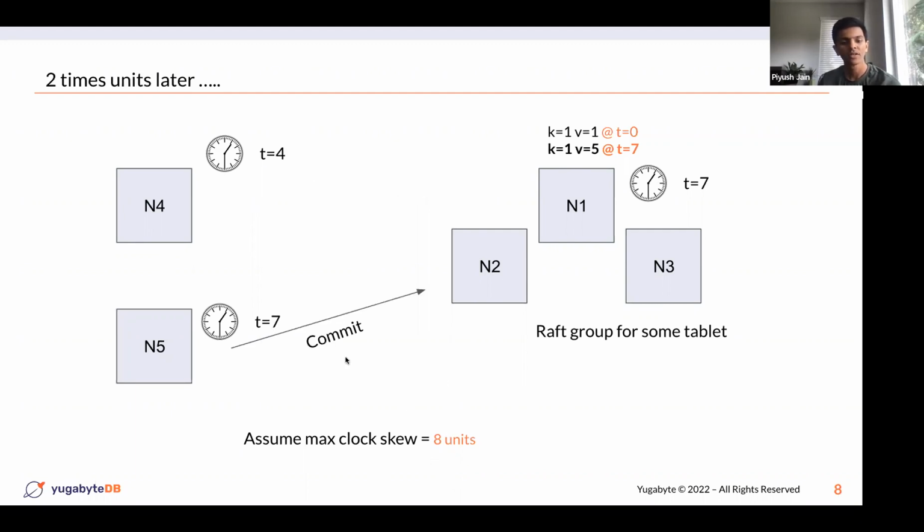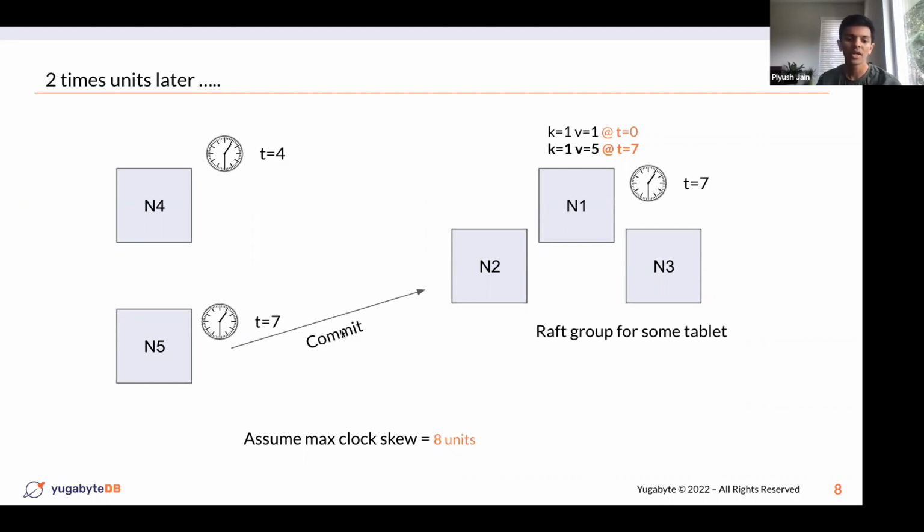So for example, I did a commit here, right, at t equals 7. So I wouldn't immediately write it here. I would wait out till t equals 15, right? And then I would write it here with k equals 1, v equals 5 at t equals 15. So that essentially solves the problem, because guess what? When you come here, your timestamp would be much... So wait, hold on.